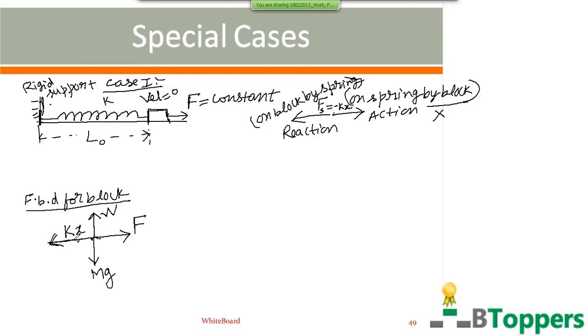So as long as the magnitude of the elastic force by spring, Kx, is less than F, which is constant, the magnitude of velocity of the block goes on increasing. At one particular position, the magnitude of elastic force by the spring becomes equal to F. That is the equilibrium position of the block, where net force on the block becomes 0. So at that position, velocity reaches the maximum possible value.